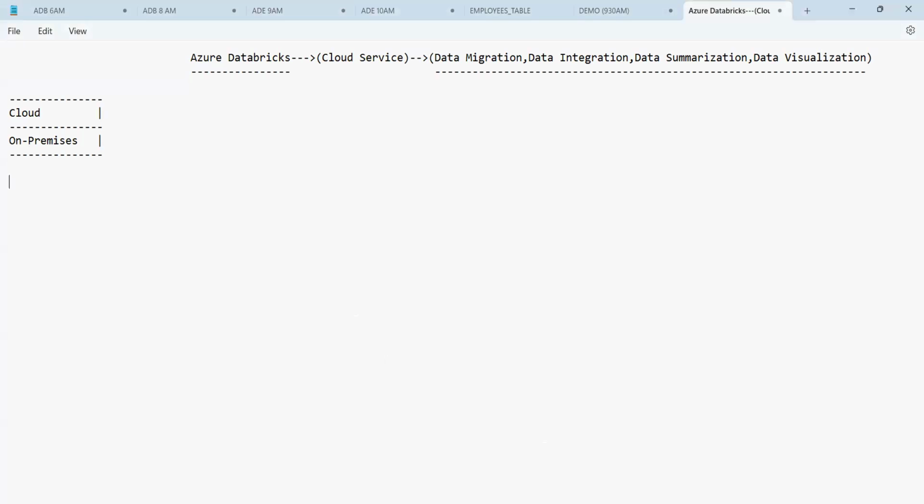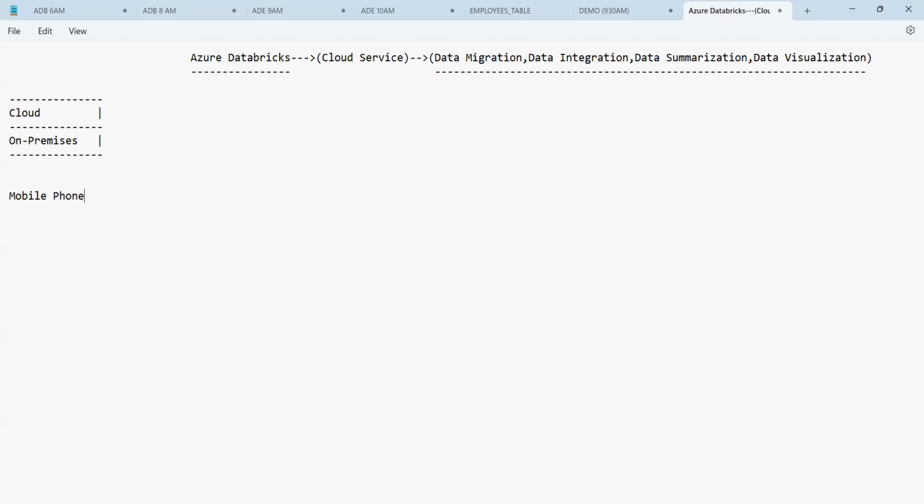Before we start with what is a cloud and on-premises, let's take an example here, guys. Suppose we buy a mobile phone, any brand it can be.